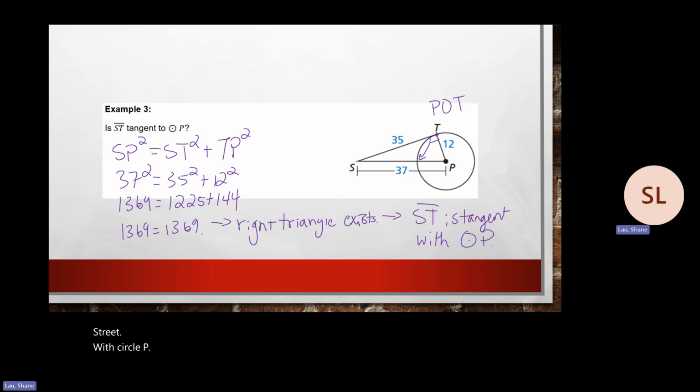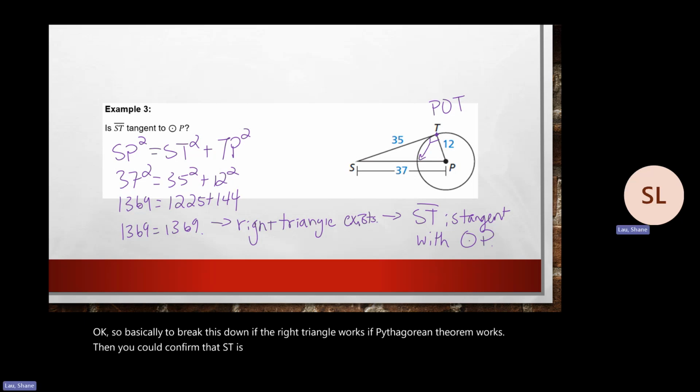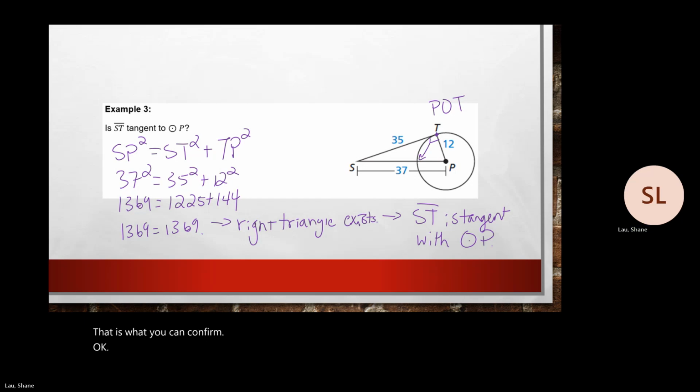So basically, to break this down, if the right triangle works, if the Pythagorean theorem works, then you can confirm that ST is tangent to circle P. That is what you can confirm. But if it does not work, then the right triangle does not exist. Therefore, ST is not tangent to circle P.